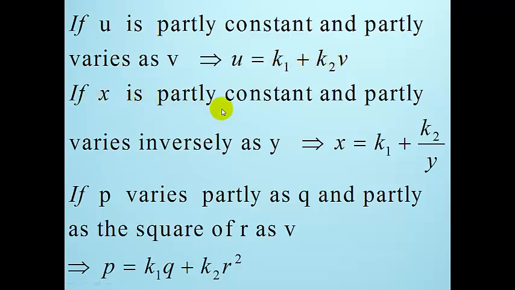Also, if X is partly constant, that means that X is equal to K1, the first constant of proportionality, and partly varies inversely.